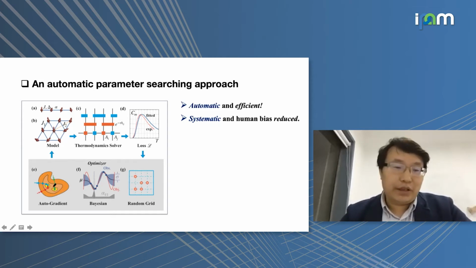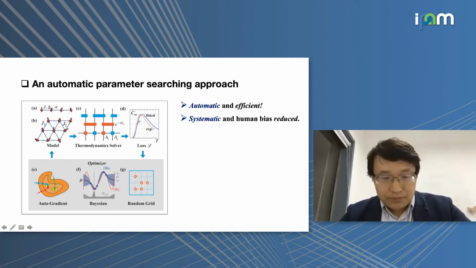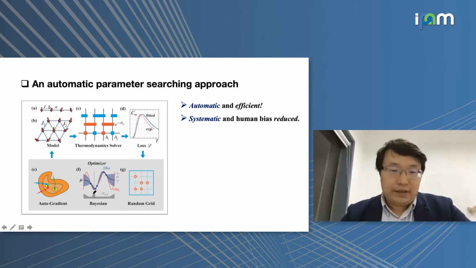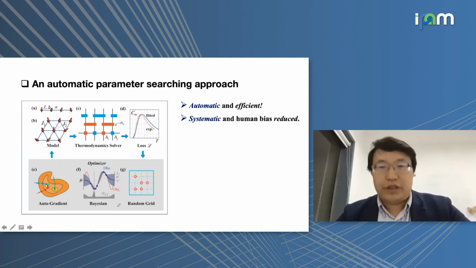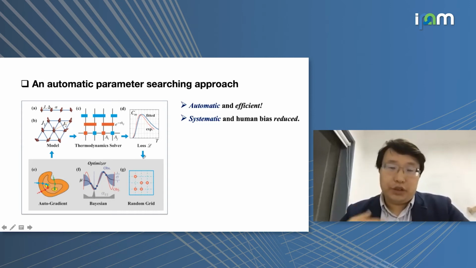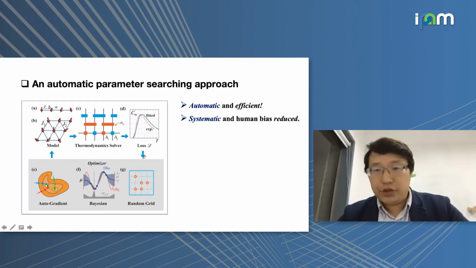Then we can go one step further and do this loop iteration, one more iteration, until it converges to the optimal parameter point. And we can also have a gradient-free search method called Bayesian optimization, which I will introduce in a minute. So this whole process should be automatic and efficient. You do not need to do a hand-tuned search, it can save some labor, and it's systematic, right?